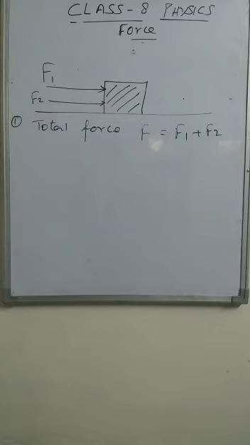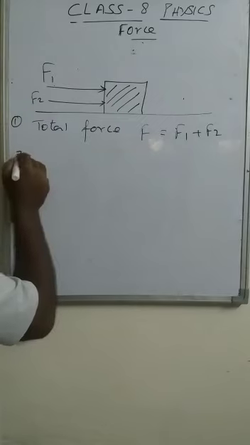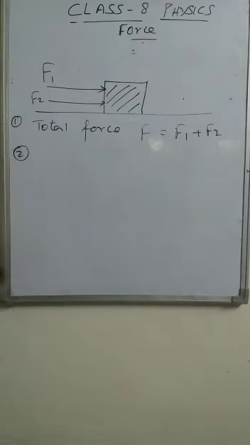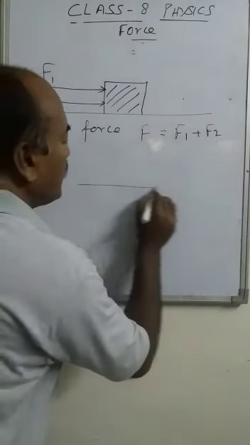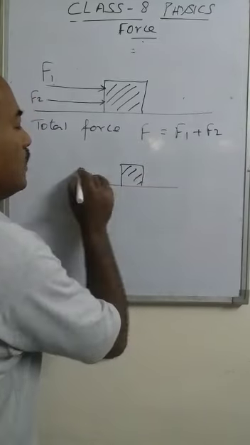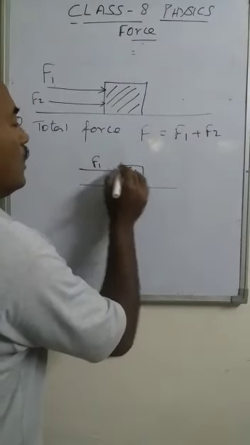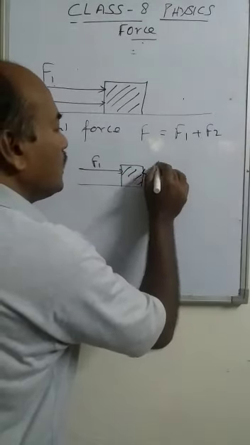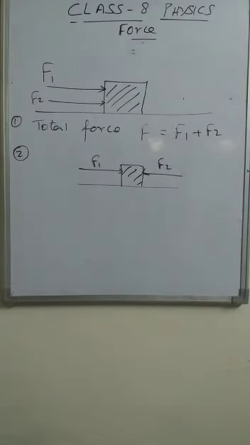Then coming to two forces applied in the opposite direction. So in this way, this is an object, the first force and the second force. They are applied in the opposite direction.